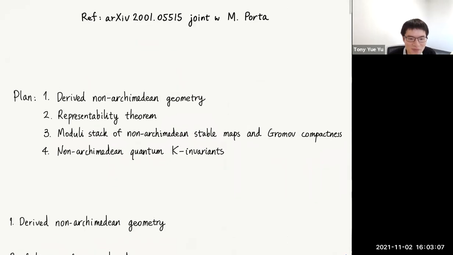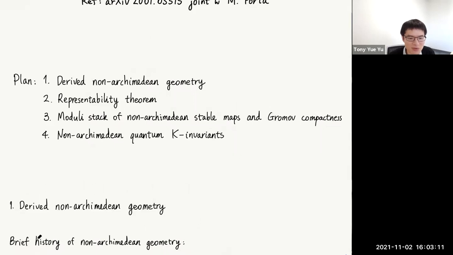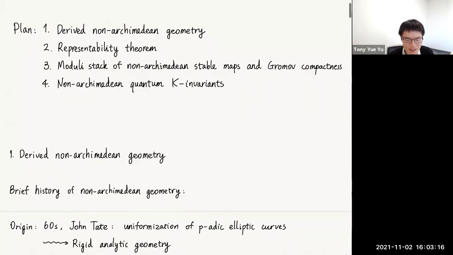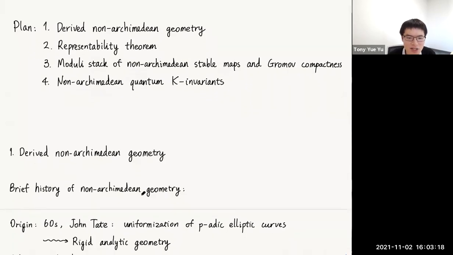So before talking about derived non-Archimedean geometry, let me begin with a brief history of non-Archimedean geometry. Non-Archimedean geometry originated in the 60s when John Tate, motivated by his study of the uniformization of p-adic elliptic curves, introduced the notion of rigid analytic spaces. That's the start of rigid analytic geometry.